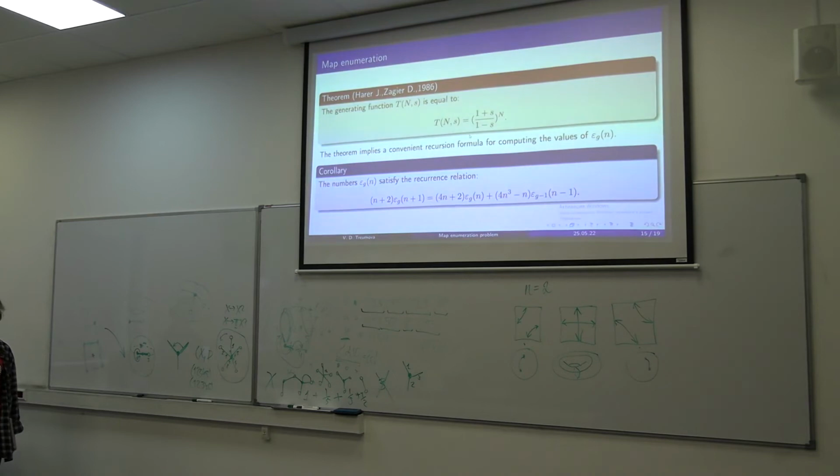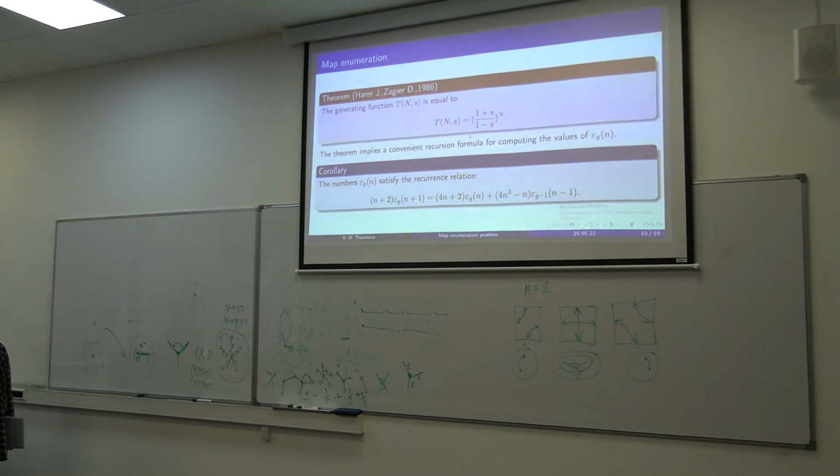And this is a really interesting result because it was obtained with the use of matrix integrals. And matrix integrals were earlier used by physicists when they were studying gravity.